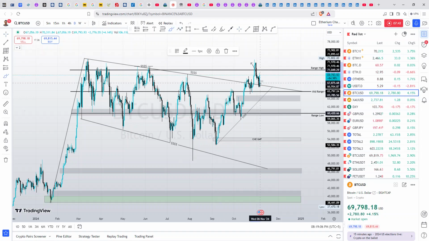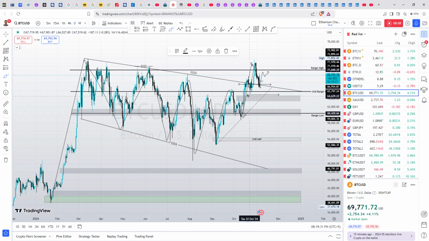And if the price continues moving upside, this would be a break of structure along with a breakout as well, because at this point, if you see, lower high, lower low, lower high, lower low. Sorry, this one is higher high, higher low, higher high, higher low.